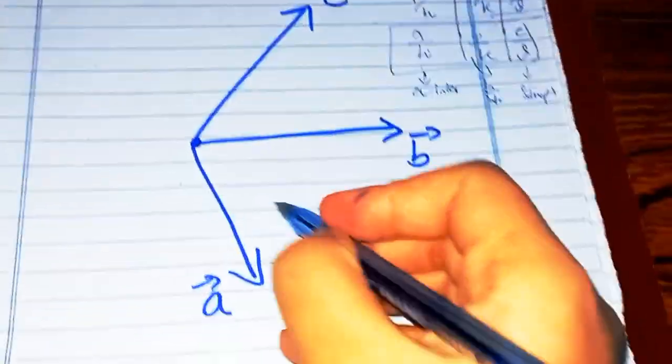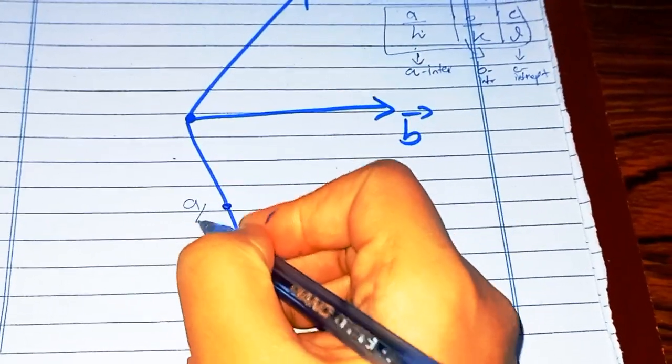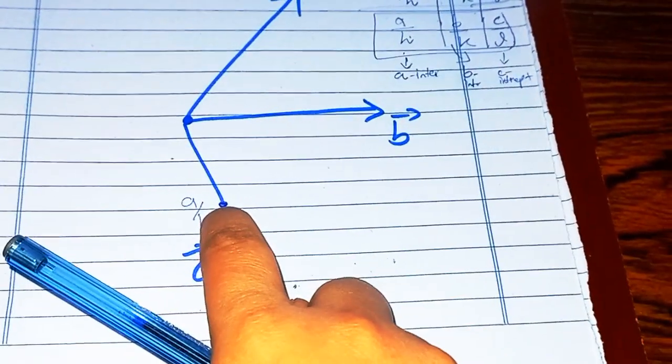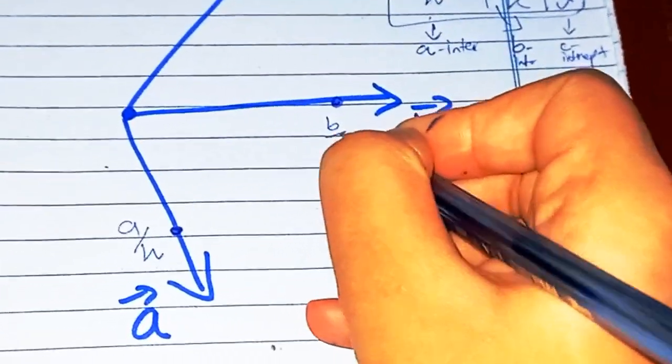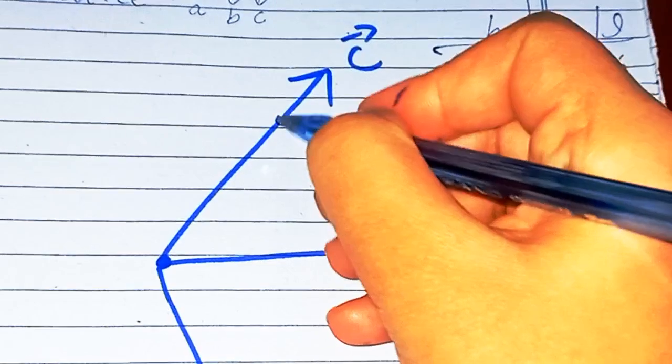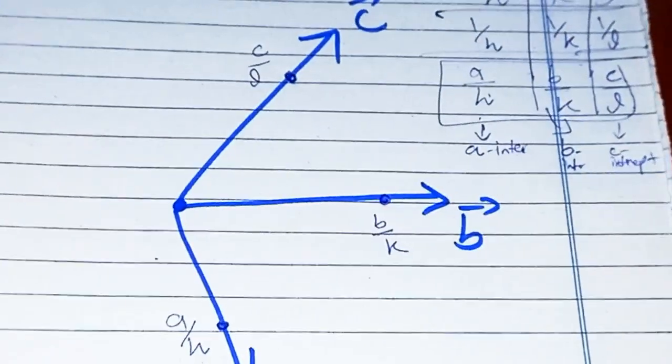So a by h is the a intercept, and let's say it's here. You don't need to be specific, it could be anywhere. Let's say the b intercept is here, which is b by k, and the c intercept is here, which is c by l.